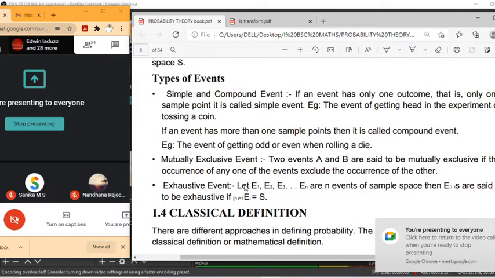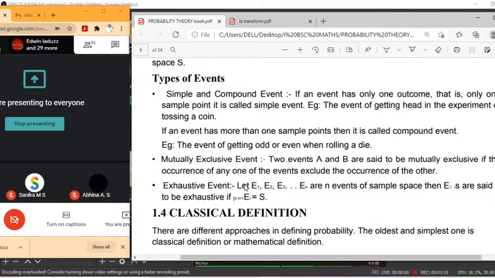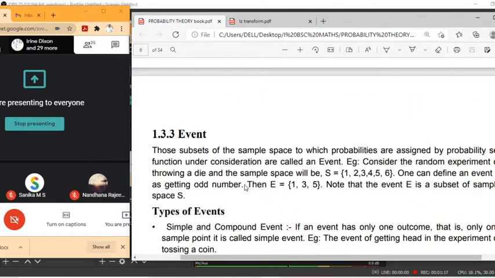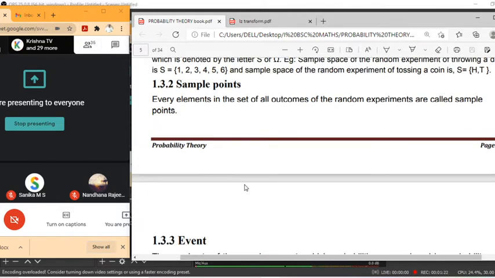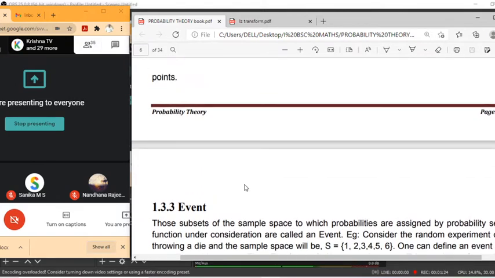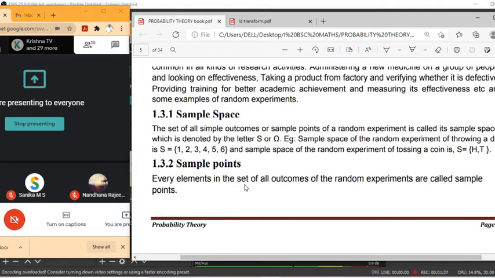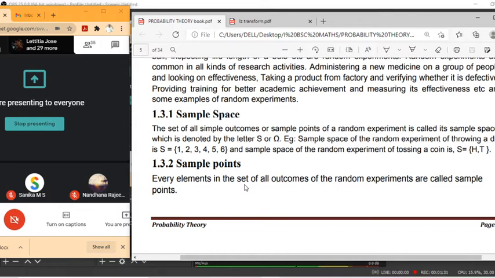Now our aim is to assign some probabilities because all these sample points are random. We are observing, for example, when we consider a coin tossing experiment, we don't know whether the particular outcome is head or tail, but at the same time it is either head or tail. You don't know the outcome of a particular trial.